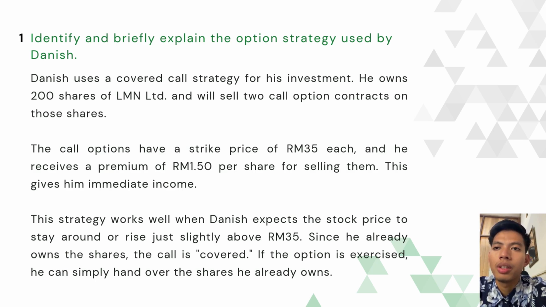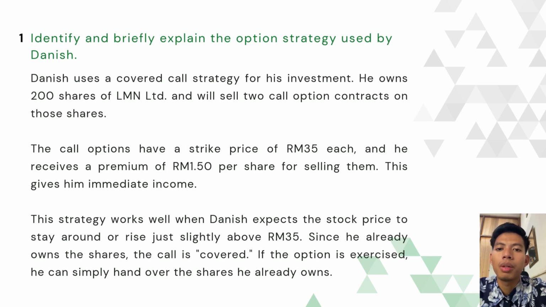So the answer is Danish used a covered call strategy for his investment. He owns 200 shares of LMN Ltd and will sell 2 call option contracts on those shares. The call options have a strike price of 35 ringgit each, and he received a premium of 1 ringgit 50 cents per share for selling them.